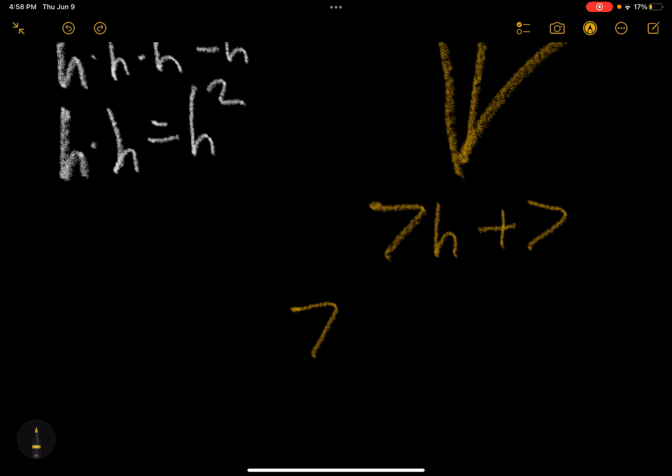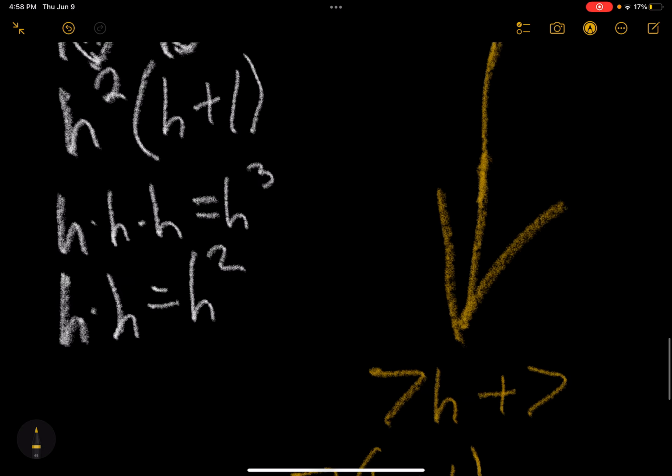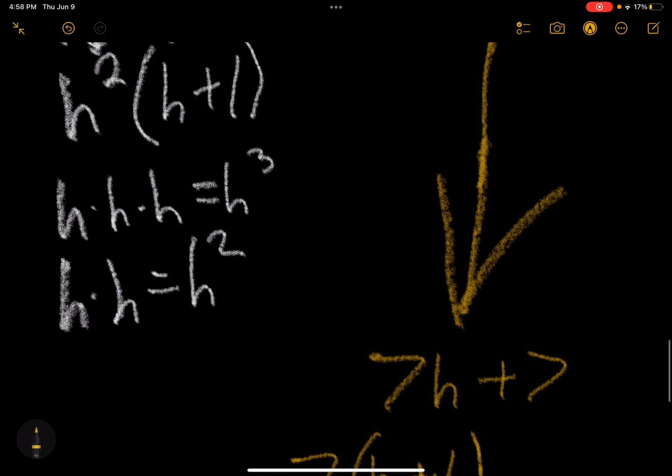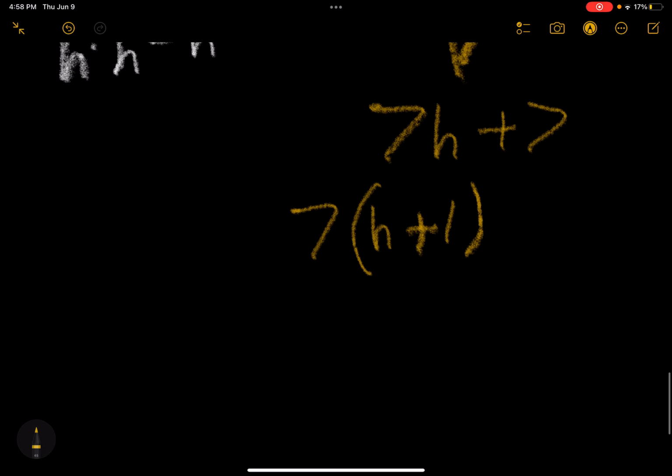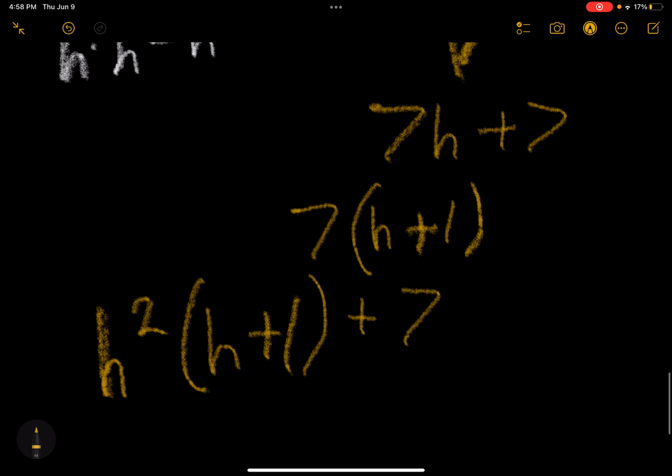So we just turn into 7. 7 times blank equals 7h, so 7 times h will just equal 7h, plus 1, because 7 times 1 is going to be itself, 7. That's basically that. So now we can put these together: h squared plus h plus 1 plus 7h plus 1.